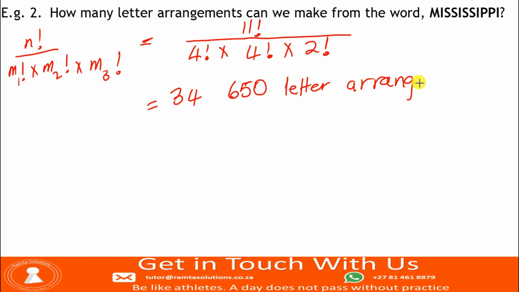Please do not ask me to do this manually. This is where I tell you to please give me 200,000 rands so that I can give you all the words. This is the number of letter arrangements that you can make from the word Mississippi. Okay, perfect.